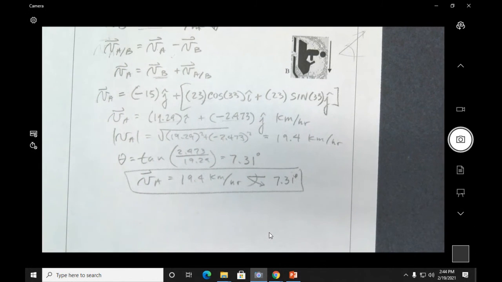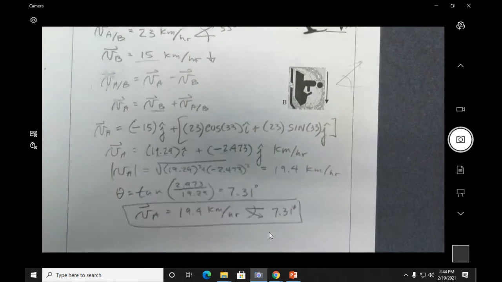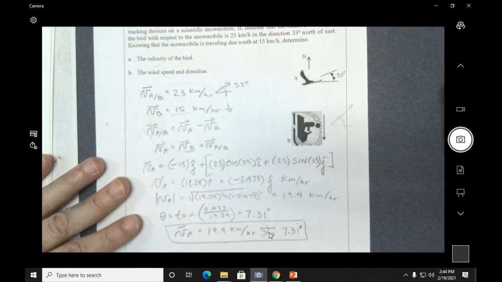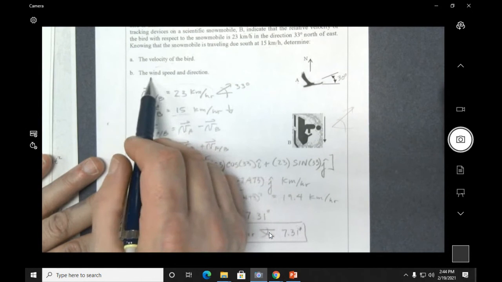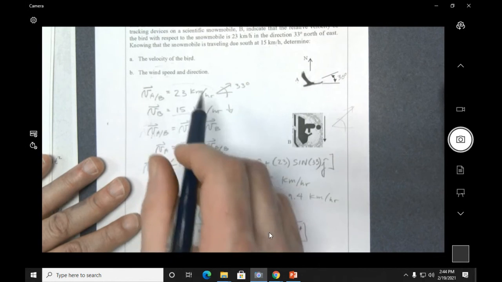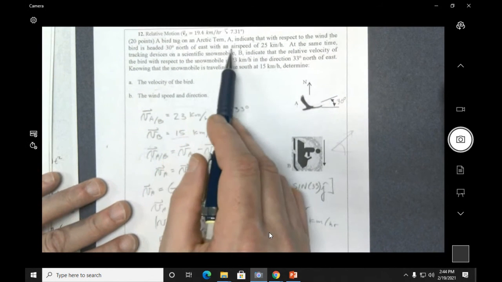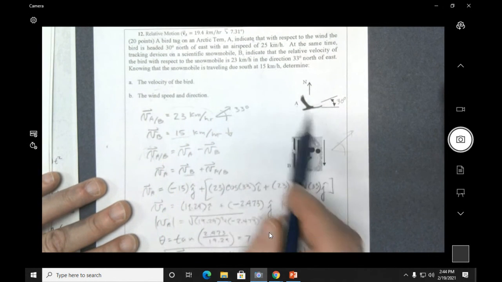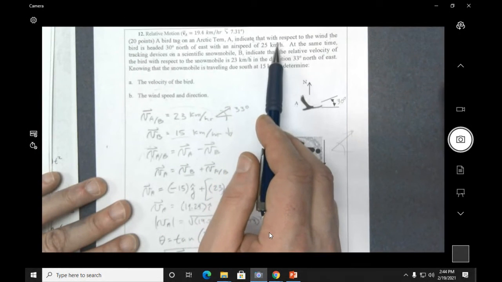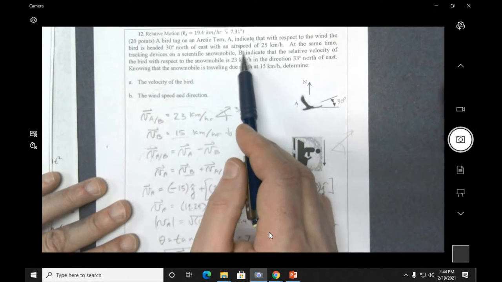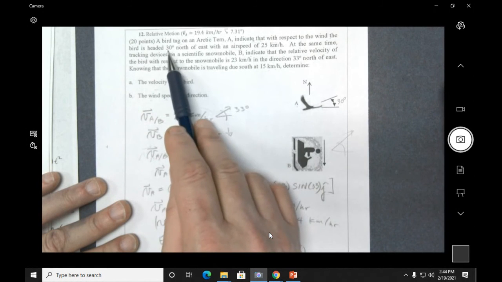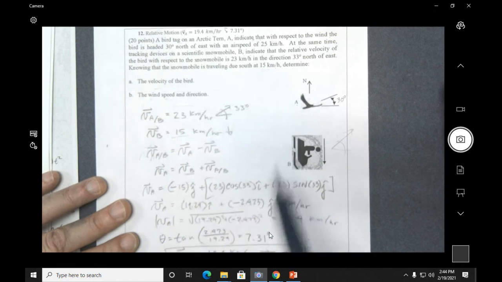Now, it's not written down here. We don't have the other part of the answer, so hopefully I'll remember to fix that at some point. But what about the wind speed and direction? One of the things we were told right at the beginning was that the tag on the bird, for some reason, it's a magical tag that can measure things with respect to the wind, finds that it has 25 kilometers per hour, and it's headed 30 degrees north of east.